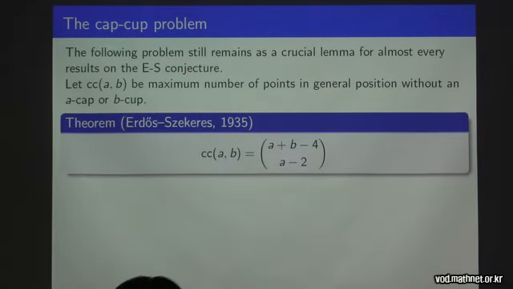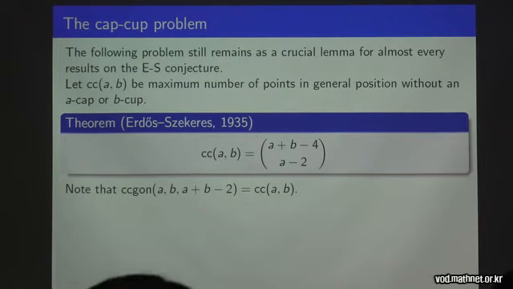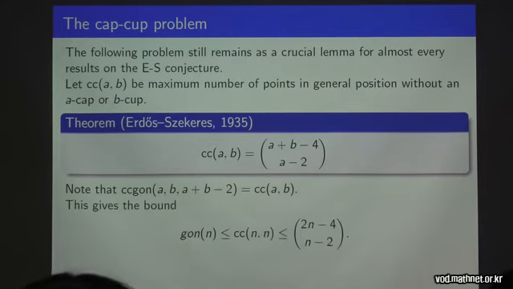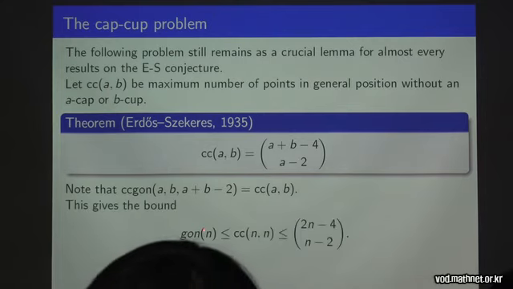Erdős and Szekeres have already settled this problem by showing that CC of a and b is equal to this value. Let me note that CCgon of a, b, a plus b minus 2 is exactly this value. So they have proved a kind of diagonal part of the CCgon values. This gives us the bound of ES of n by CC of n, n, which is the original bound they got.